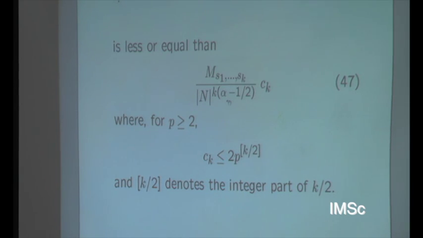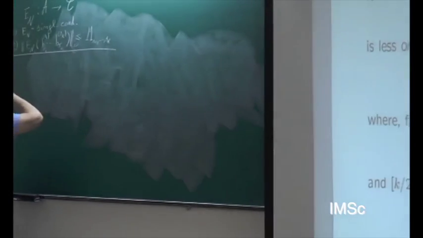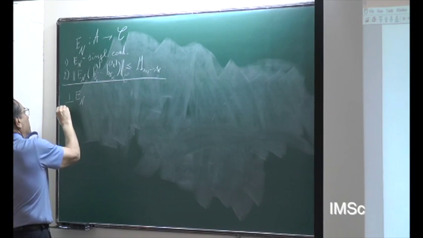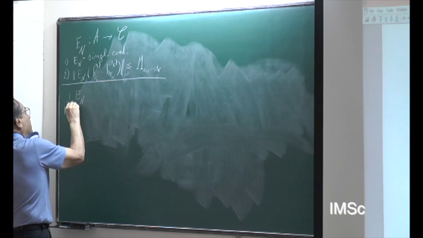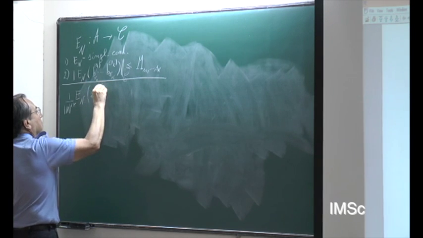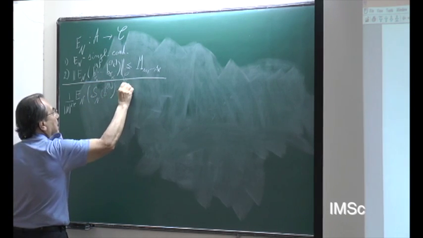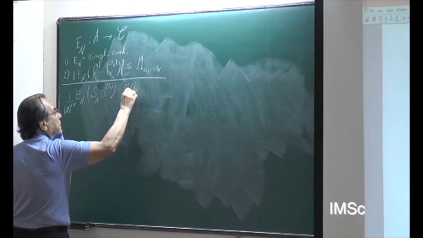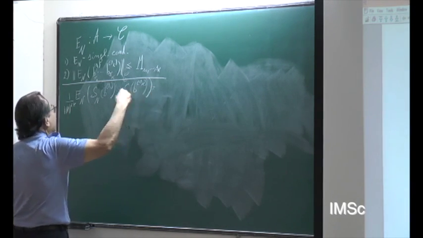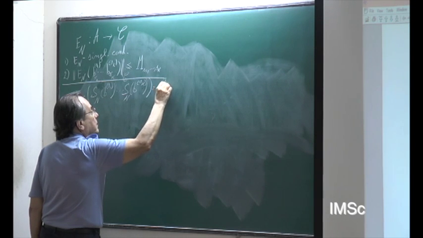And it says, in order not to rewrite every time, we will call the main object of our study, which is the normalized sum of this form, Sn of B, S1 ... Sk, the moment of order n corresponding to the choice of indices S1 ... Sk.